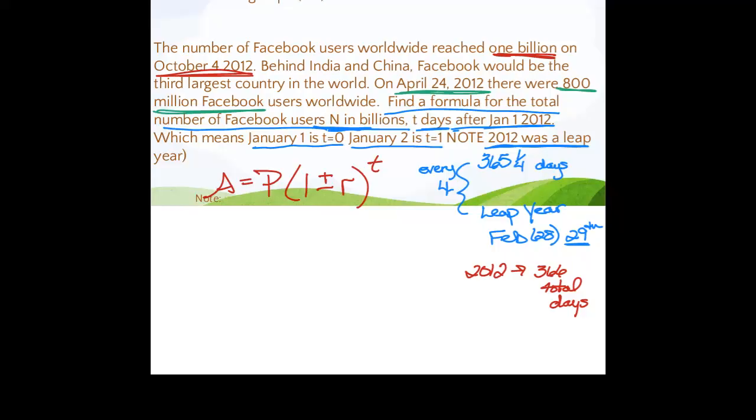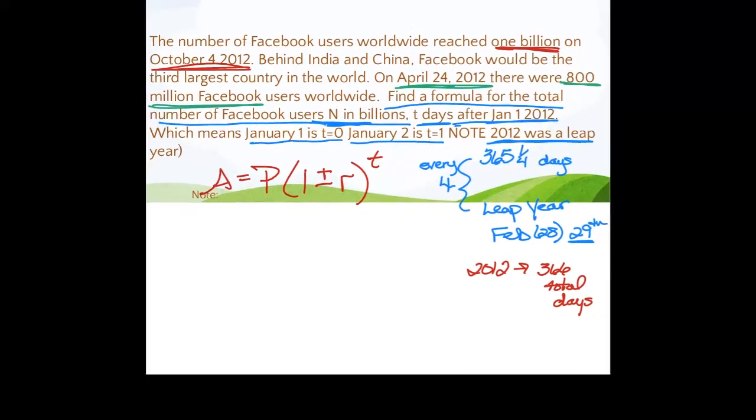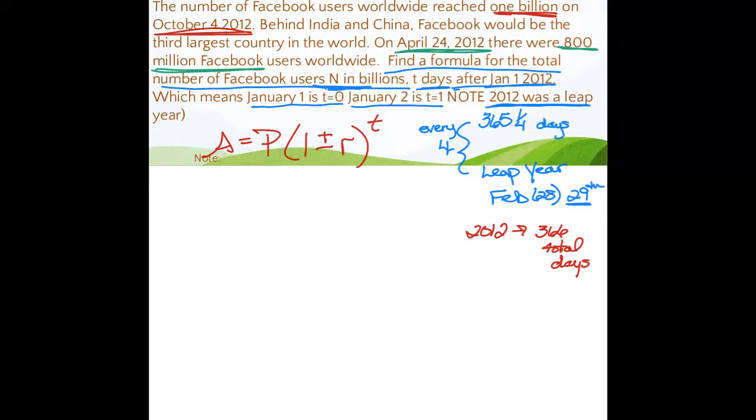On April 24th of 2012, earlier in the year, there were 800 million users worldwide. Find a formula for the total number of Facebook users, N in the billions, T days after January 1st, 2012. Which means January 1st is T equals 0, January 2nd is T equals 1, and 2012 was a leap year.